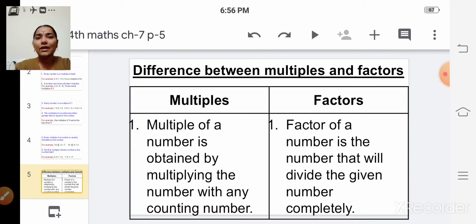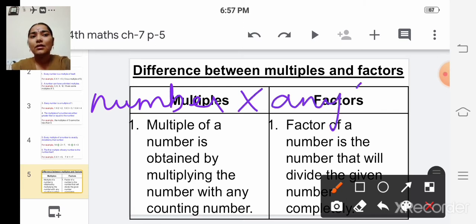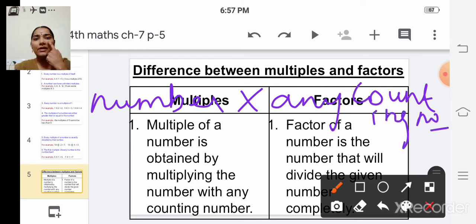How do we find the multiples of a number? What is the formula? Just now you have learnt: that number into any counting number. So that is the formula for finding multiples.